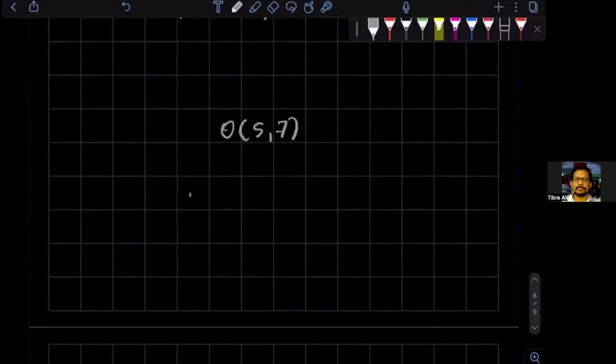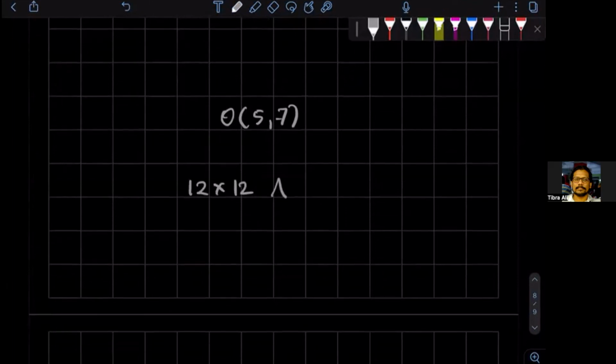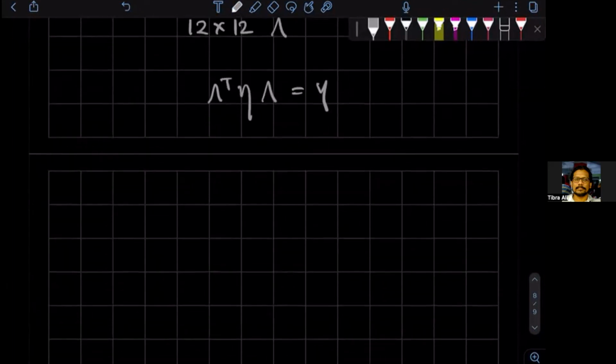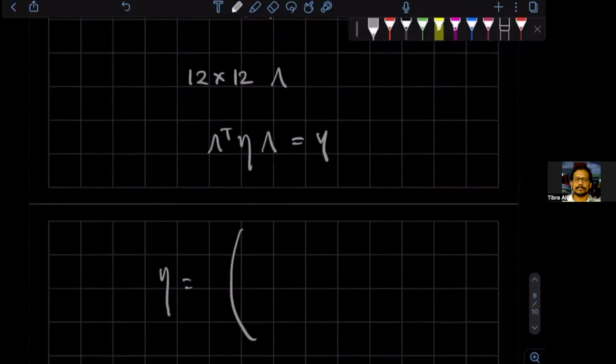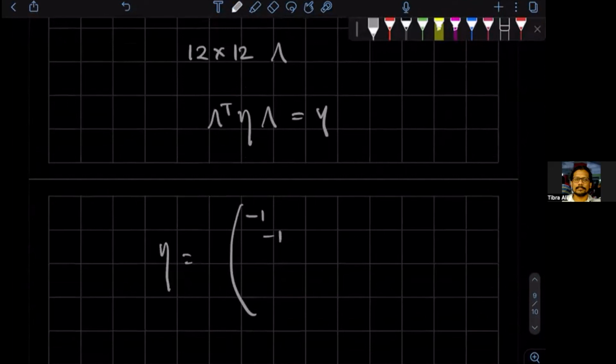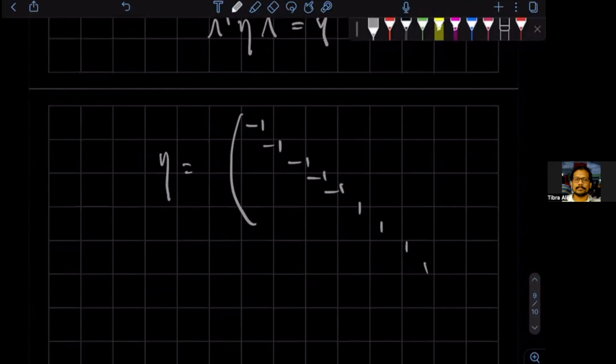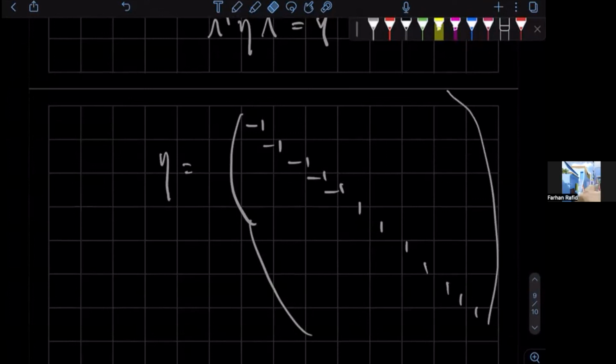O(5,7) would be 12 by 12 matrices lambda such that lambda transpose eta lambda equals eta, where eta is going to have 5 time-like and 7 space-like directions. It's not going to be something physically relevant for us, but mathematically, there is no problem defining such a space. Yes, sir, understood. Okay, good questions. Any other questions?